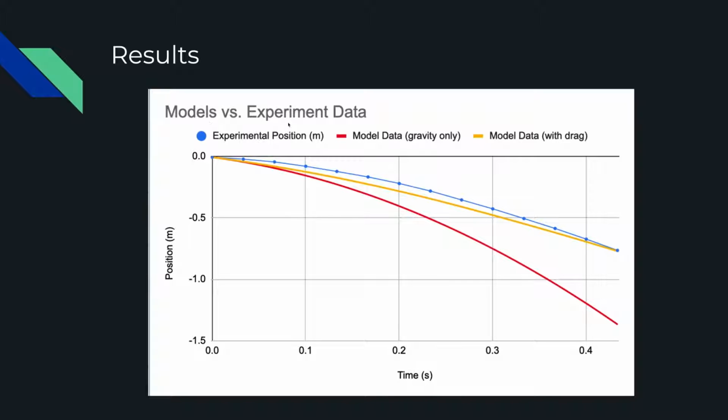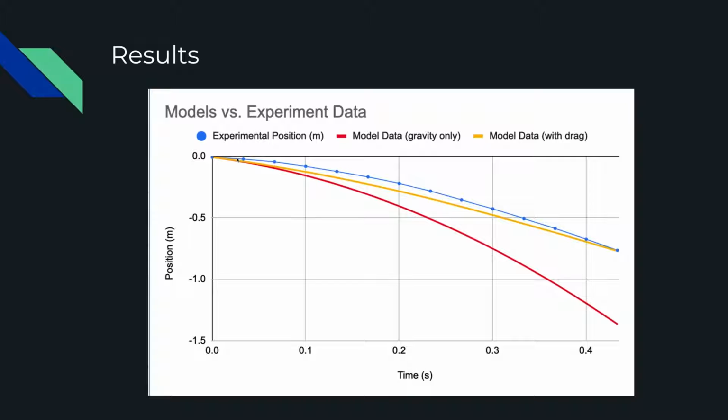As you can see, here are our results. We have the experimental data in blue, the model data not accounting for drag in red, and the model data with gravity plus drag in yellow. We had a great discrepancy between the actual data and the model data that did not account for air resistance. This is because with the model that does not account for air resistance, the velocity simply keeps increasing faster and faster due to the acceleration from gravity, with nothing slowing that down.